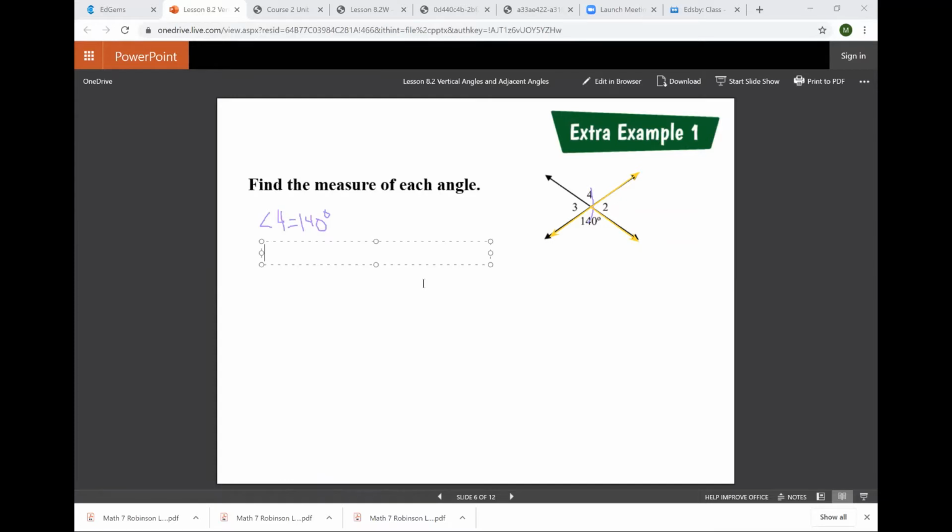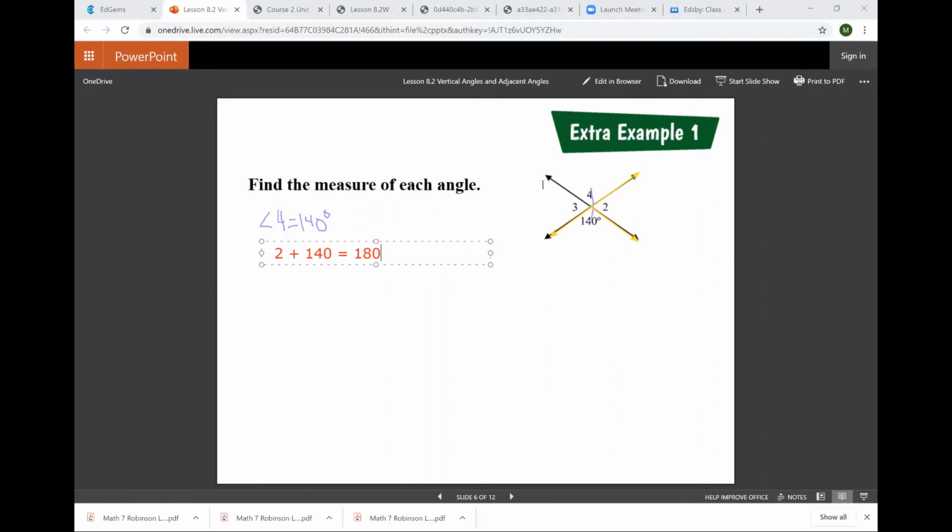I should be able to know that angle 2, and you would just write the angle symbol, 2 plus 140 equals 180.